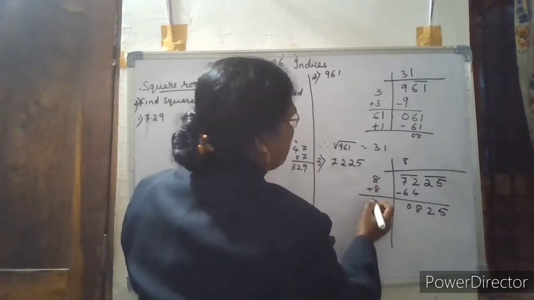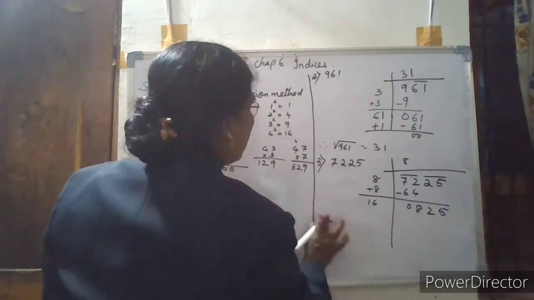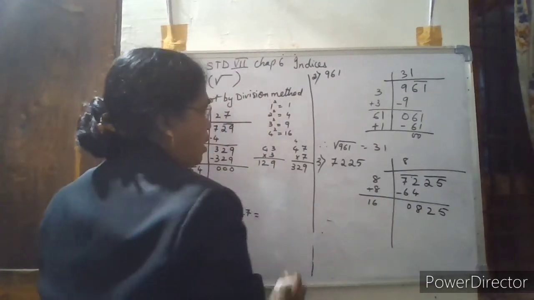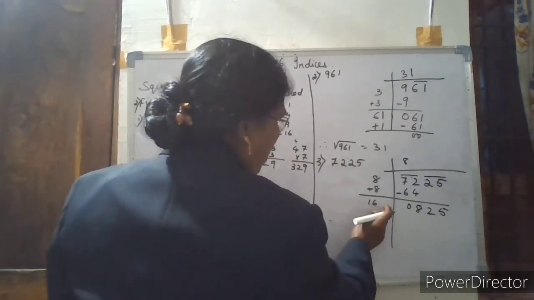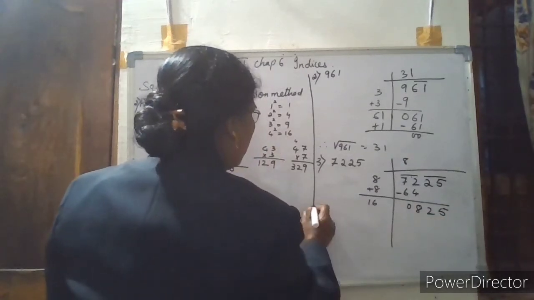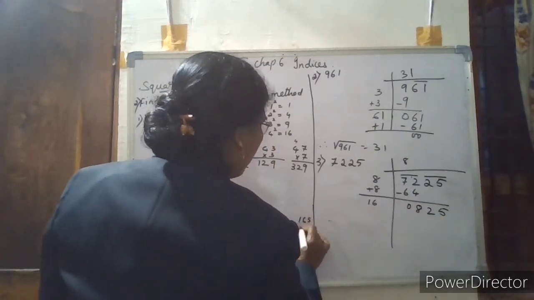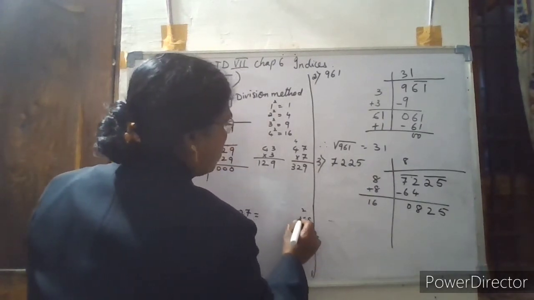Now you have to take this 16, and suppose I take the last digit 5. You observe the last digit is 5, so multiply it by 5 only. We get 5 5s are 25, carry 2. 5 6 are 30, 31, 32, carry 3. 5 and 5 6 7 8.